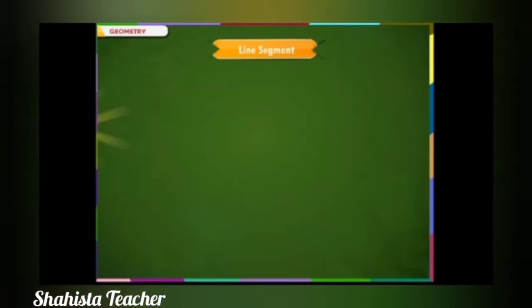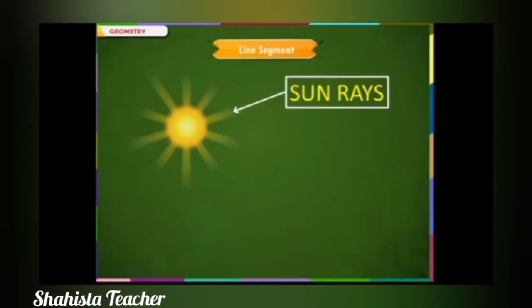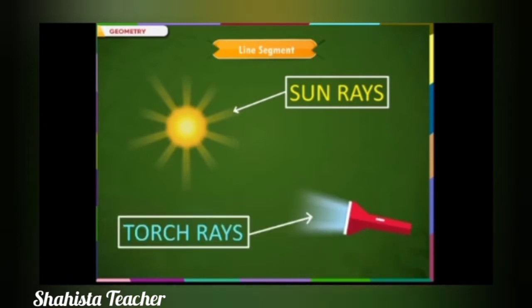Students, what do we call the sunlight? Yes, we normally call it sun rays. We also get the rays of light from a torch. This light gives us an idea of a ray. A ray originates from a fixed point and extends endlessly in one direction. As you can see here, point A is the fixed point and the ray is extending in one direction.